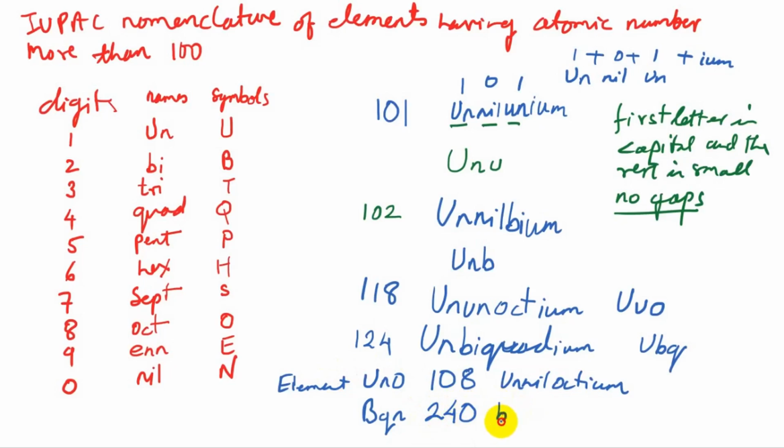So it will be bi quad nil IUM. Yes, O means 0, yes, nil. Biquadnilium.